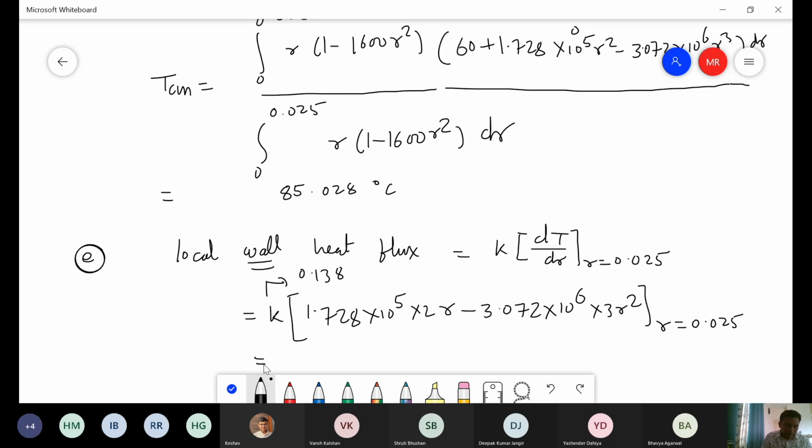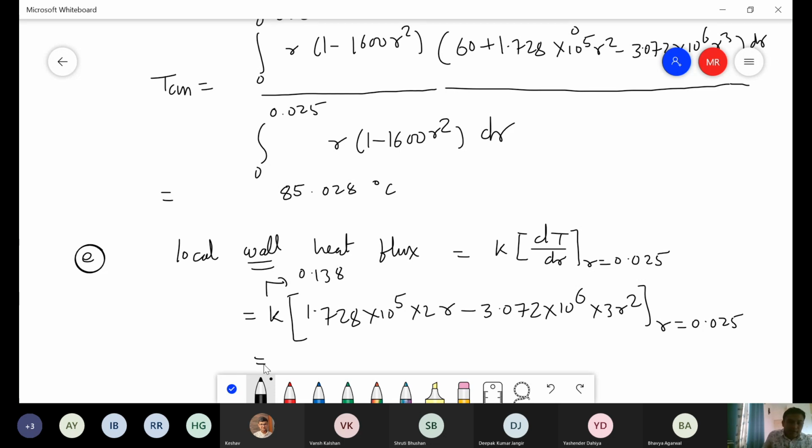So what is the value? Anybody? 728 into e raised to power 5 into 2 into 0.025 minus 3.072 into e raised to power 6 into 3 into 0.025 square.